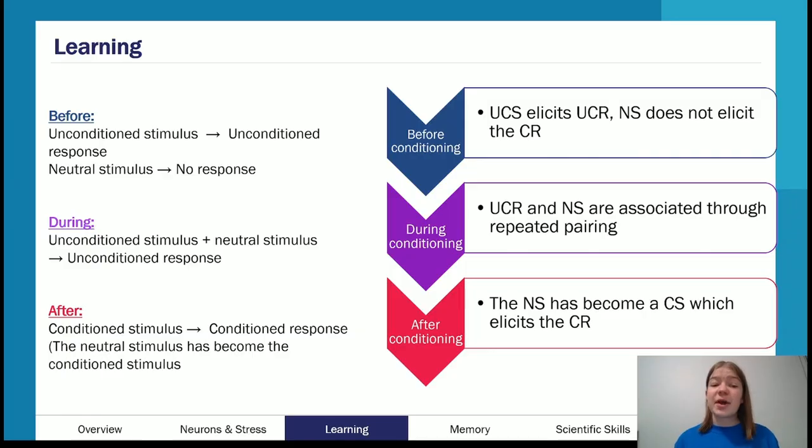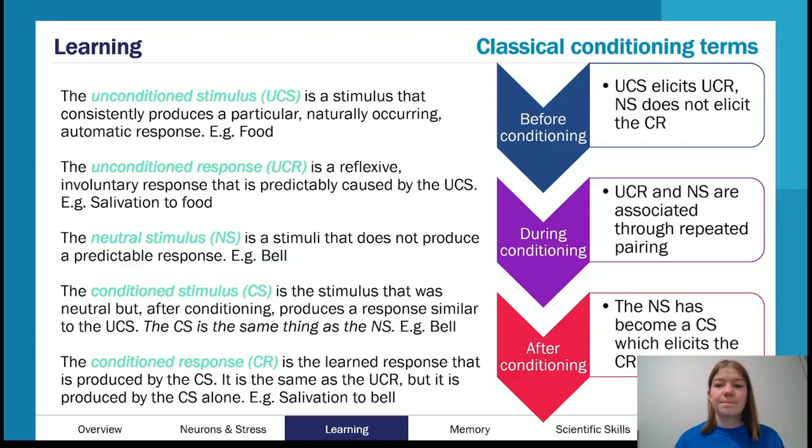So sometimes it matters whether you mention the very short time frame that they need to be presented in. Sometimes there's not a mark for that. After conditioning, your neutral stimulus has now become a conditioned stimulus, which we know because it elicits the conditioned response.